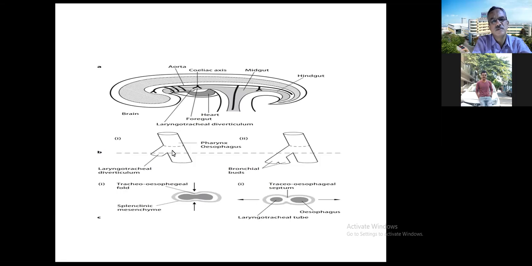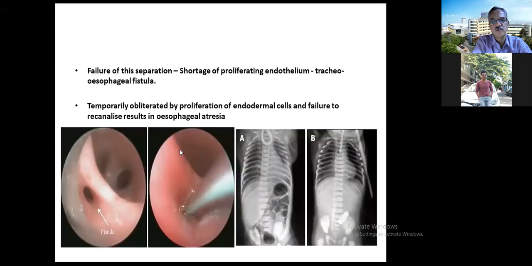From the foregut, the laryngotracheal diverticulum develops, which is divided by the tracheoesophageal septum. The ventral part goes on to develop the larynx, trachea, and the lungs, and the dorsal part develops as the esophagus.